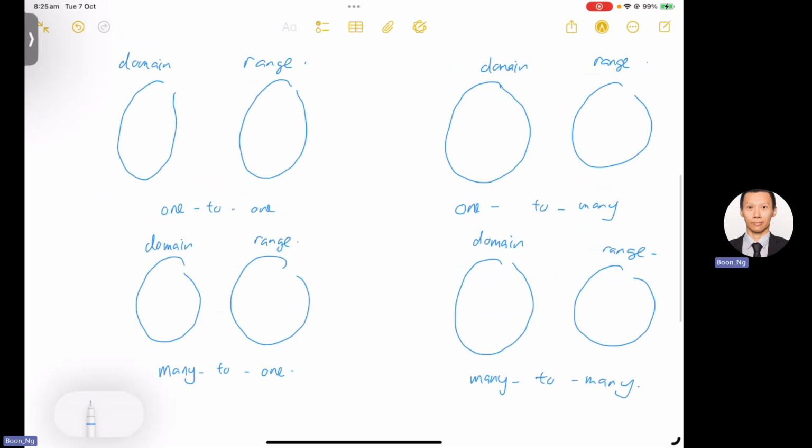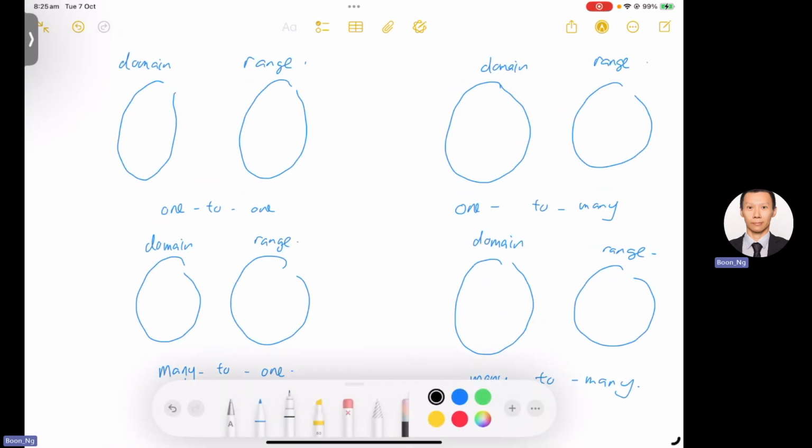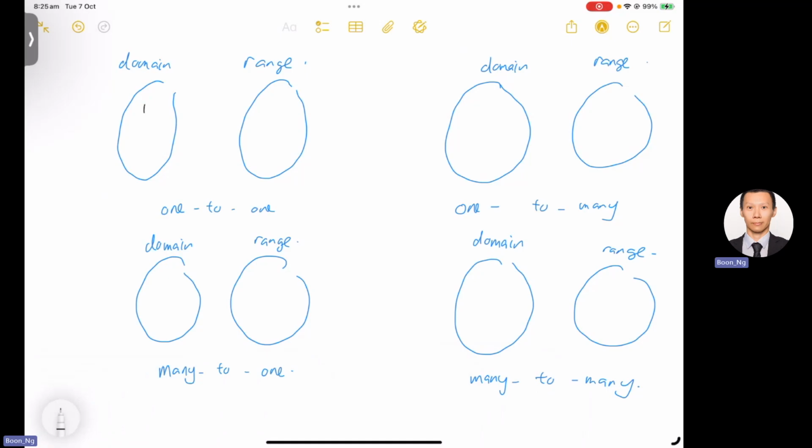All right, let's take one example. Let's set the example: 1, 2, 3 and 1, 2, 3. They have exactly the same x and y.